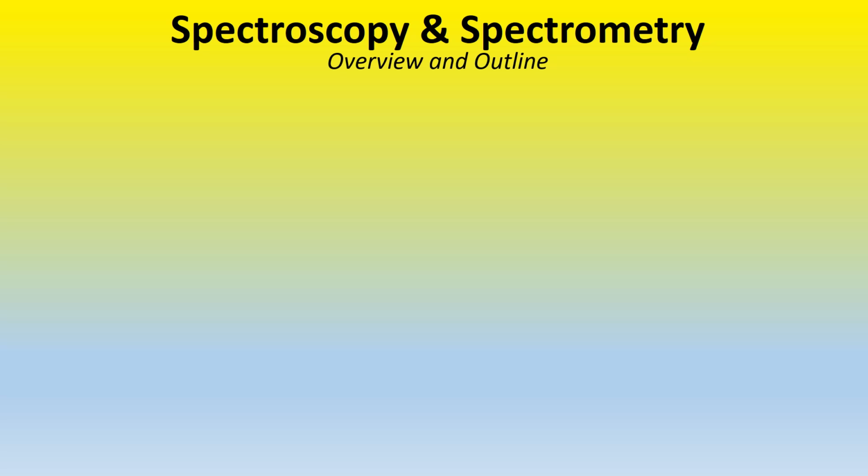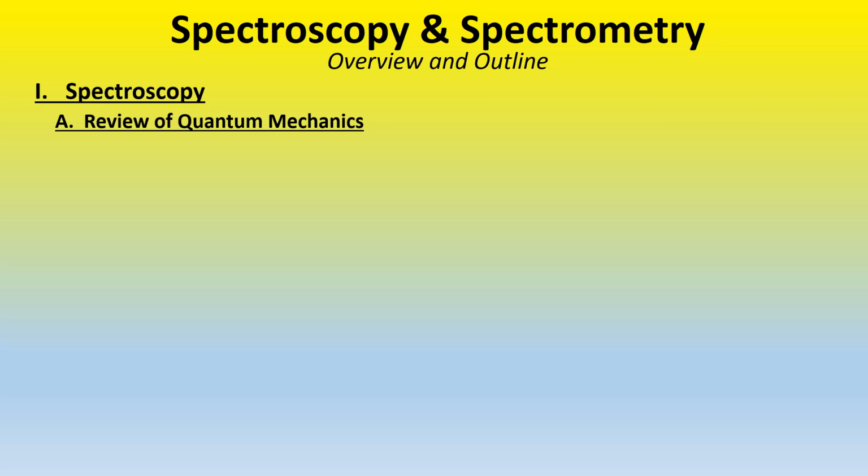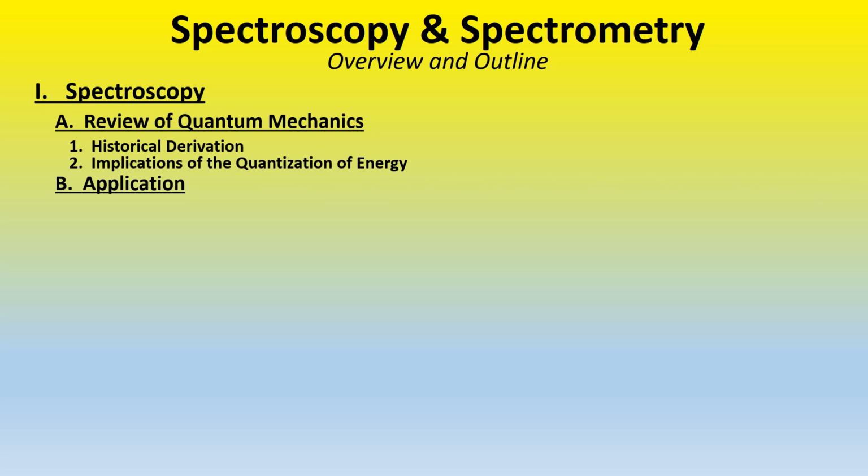So, in conclusion of this overview, throughout the next series of videos, you will first of all be given a brief review of quantum mechanics, its historical derivation, and the implications that the energy of matter is quantized. This will follow through with the application in spectroscopy.